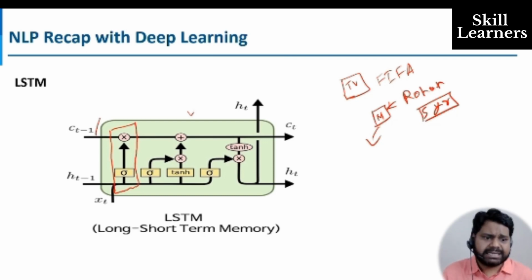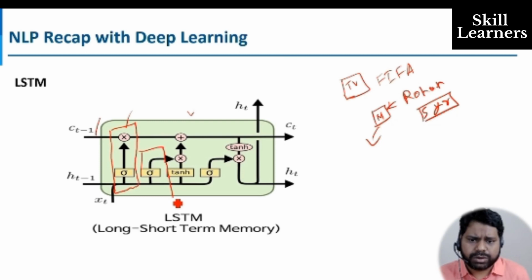You decided that you will not be watching the match, so you stopped the information you were getting from the live match. This is how the gate works. Then there is another gate known as your input gate.